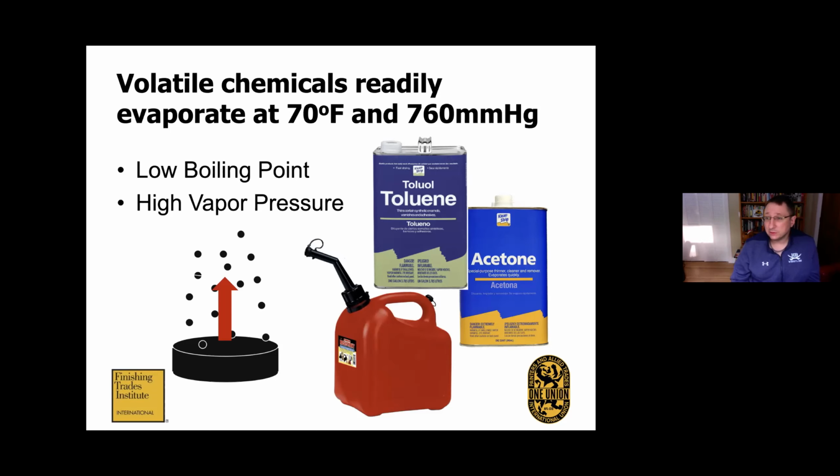The closer something gets to 760 millimeters of mercury, the closer it behaves and acts like a gas. So if you have a liquid with a vapor pressure of 720 millimeters of mercury, it's right on the line of being a gas. So, I mean, it's going to get up in the air immediately, right? If you expose it to the atmosphere.